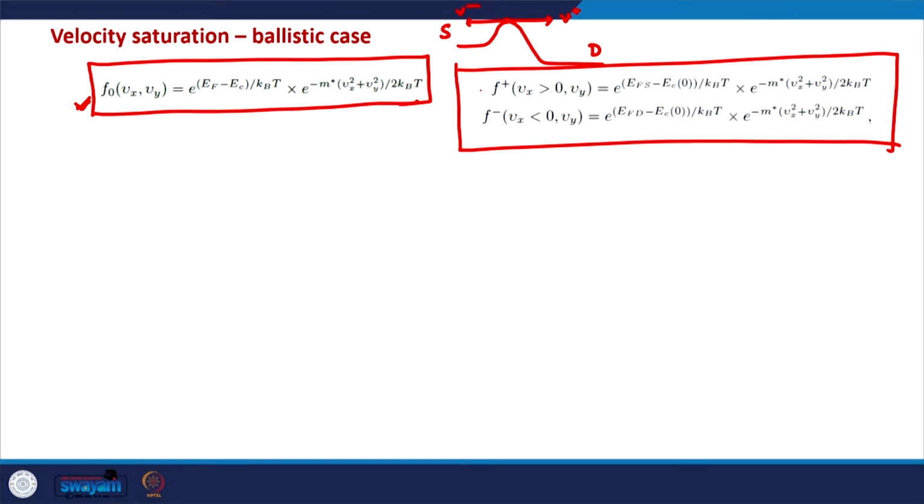One is this f plus, which is essentially the electrons going to the plus x direction, and f minus, which is electrons going to the minus x direction, which means that f plus essentially means electrons going from source to drain side this way, and f minus accounts for electrons going from drain to source side this way.